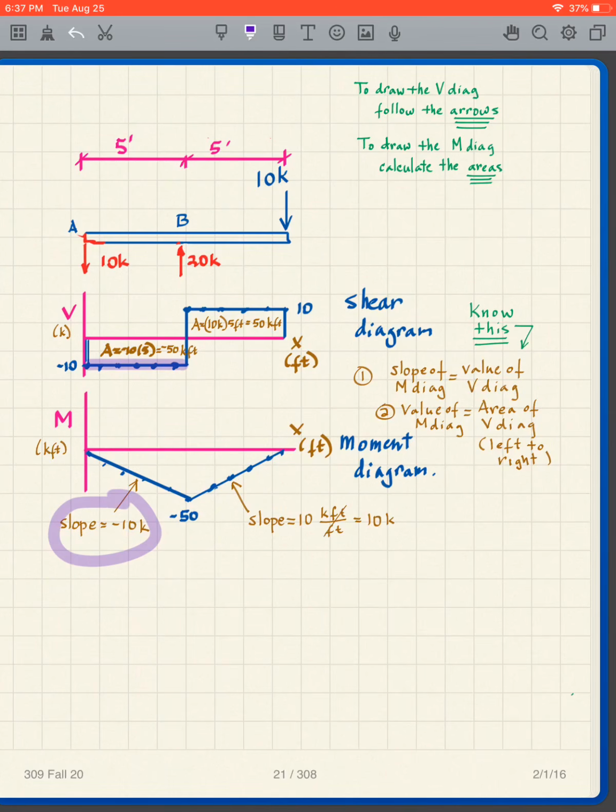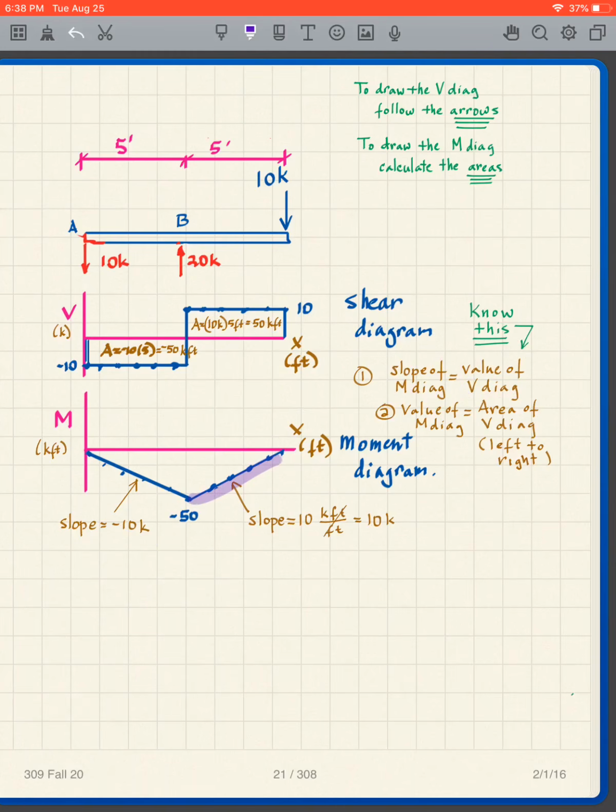And what do we note? Everywhere in this area, that's negative 10, and the units are kips. So the slope is negative 10 kips, and the shear value is negative 10 kips. So the slope of the moment diagram is equal to the value of the shear diagram.